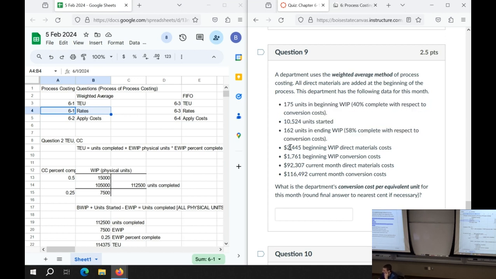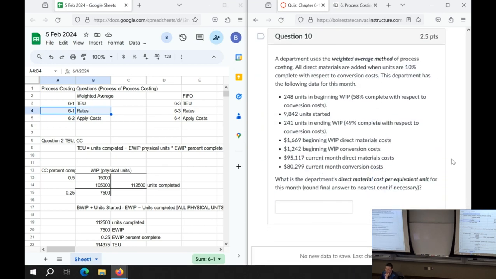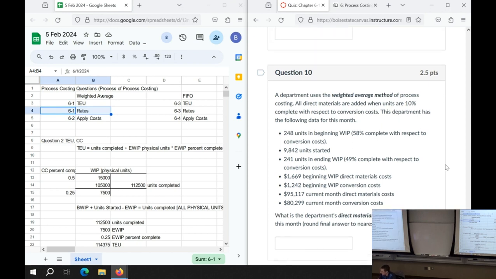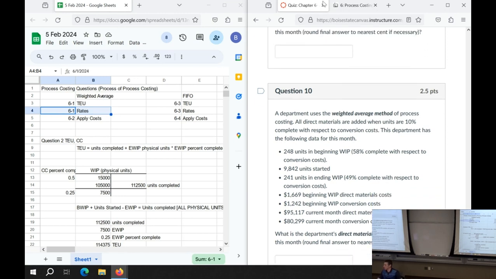And then I give you enough info here to figure out a numerator. And I ask you for the rate, conversion cost per equivalent unit. 6-1 is not so bad. At least in this zone of safety here, where I'm getting used to the problems, it's not so bad. And once you get the knack of it, it won't be so bad either.